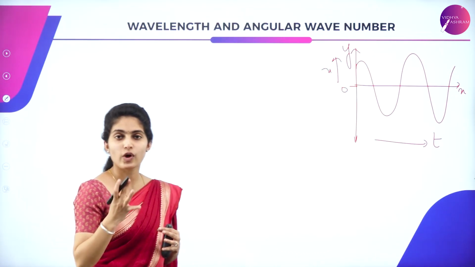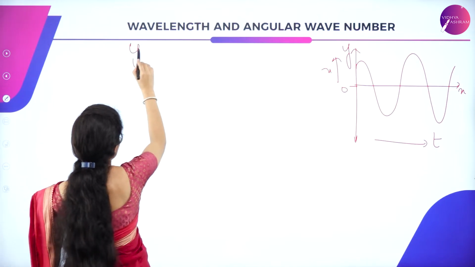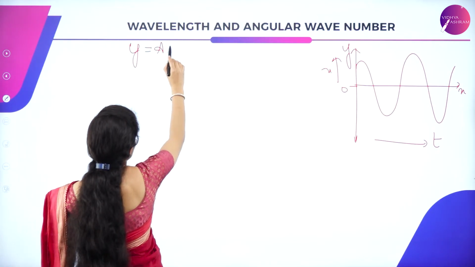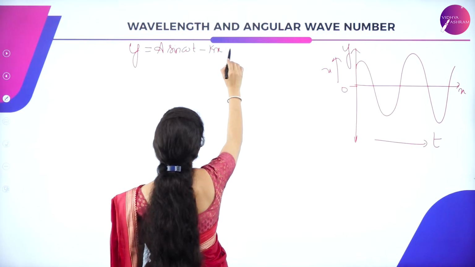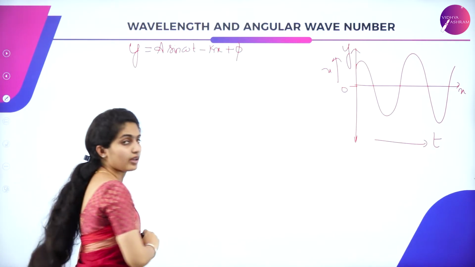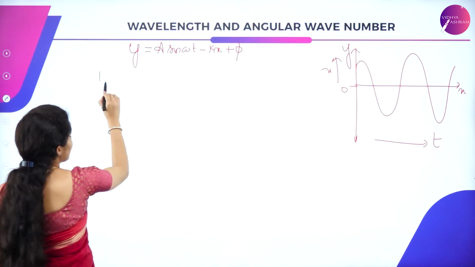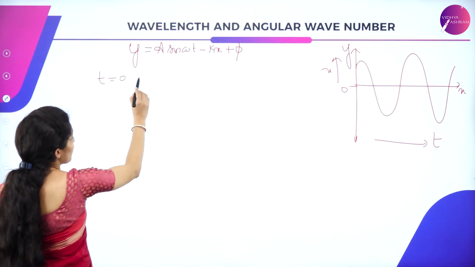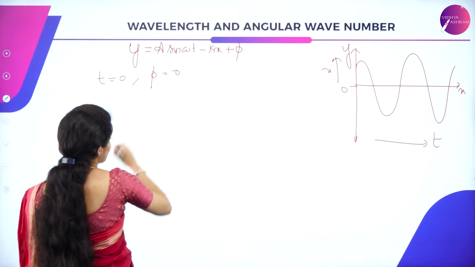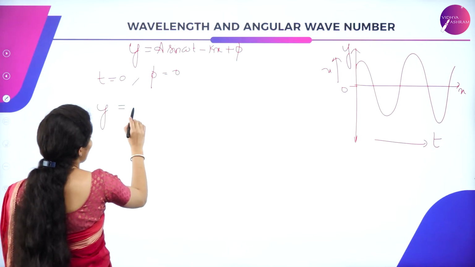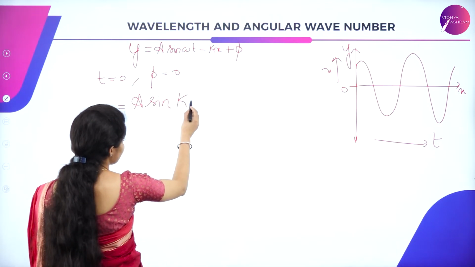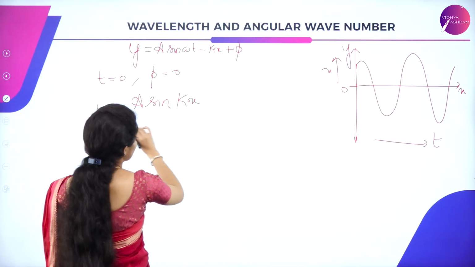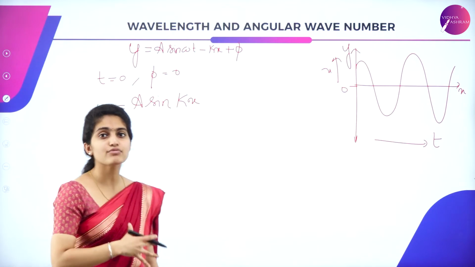When this is the case, you have the equation of a progressive wave as A sine omega t minus kx plus psi. When t is equal to 0, what happens to your psi? It becomes 0. So the equation becomes y is equal to a sine, and you remain with k and x.